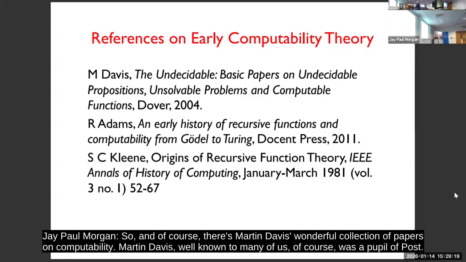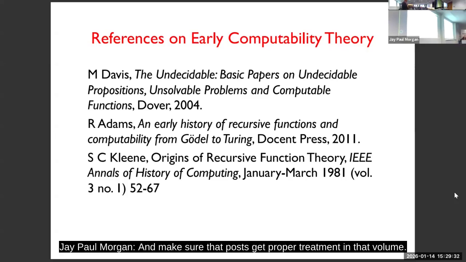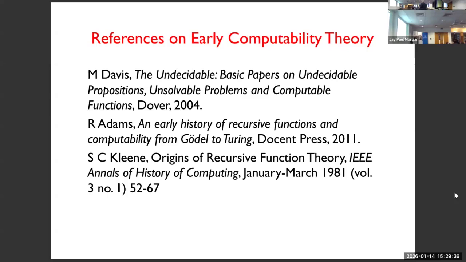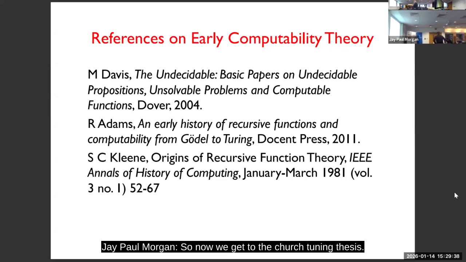And there was a paper by Kleene years ago. And of course, there's Martin Davis's wonderful collection of papers on computability. Martin Davis, well known to many of us, of course, was a pupil of Post, and made sure that Post got proper treatment in the volume.